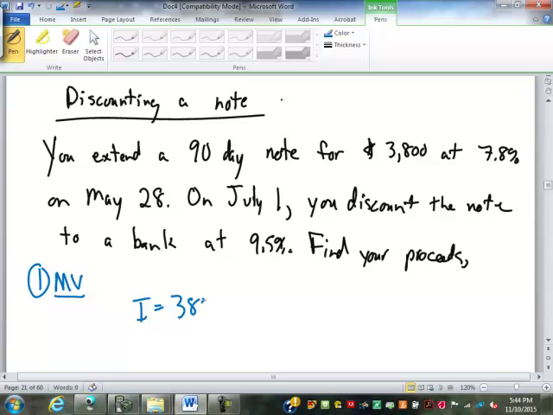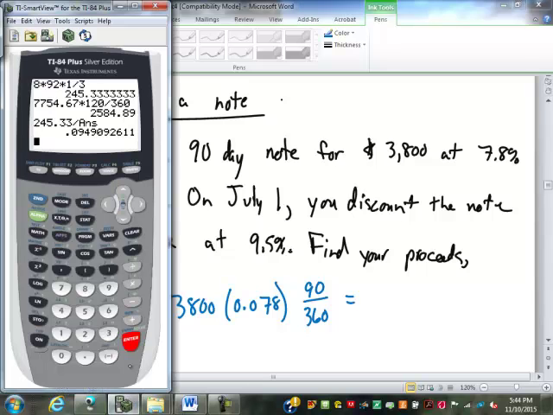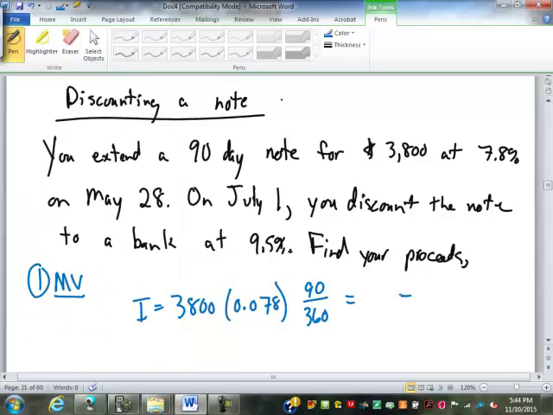So $3,800 at 0.078 for the 7.8%. For 90 days, 90 over 360. So 3,800 times 0.078 times 90 over 360 is $74.10 is the interest.